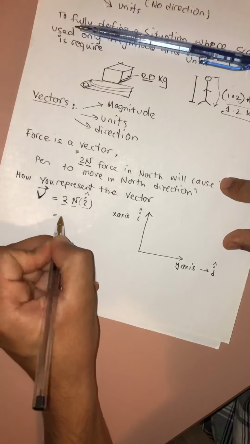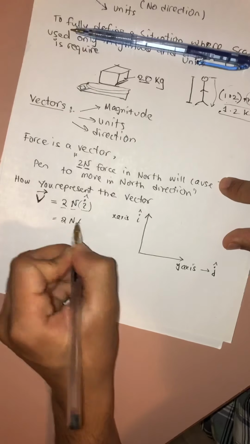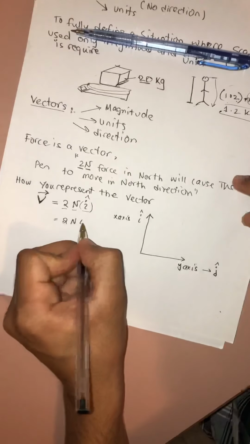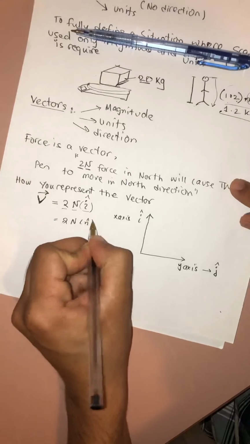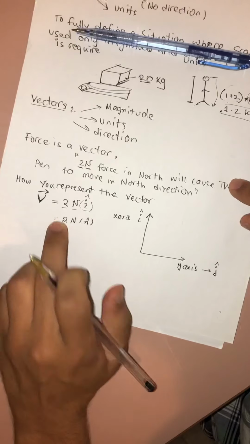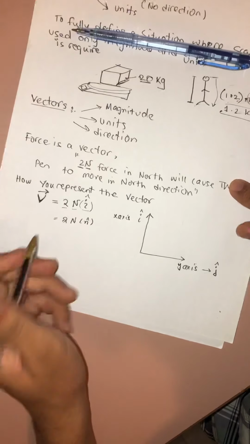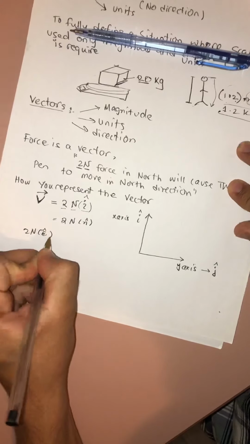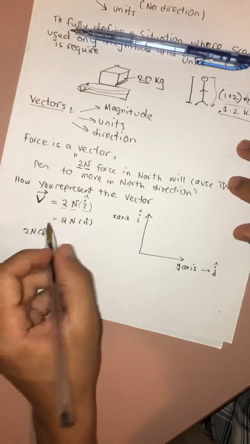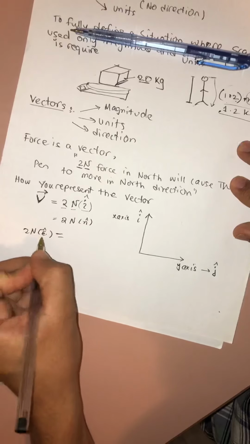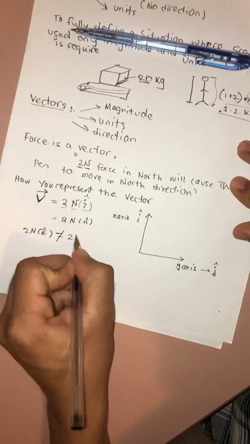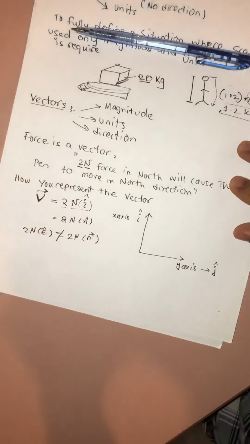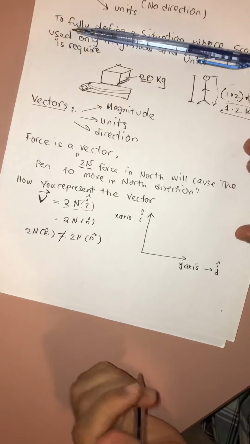If it was in north, let's suppose we represent north with a small letter, that means 2 Newton in the direction of north. If it was in east, 2 Newton east. And remember that 2 Newton in east direction is not equal to 2 Newton in north direction.